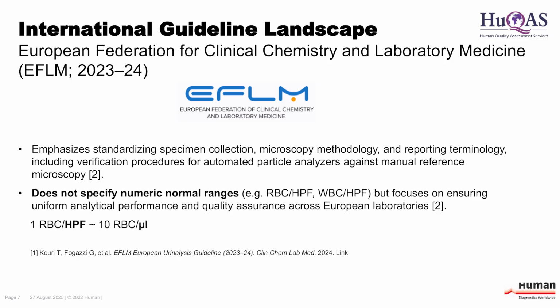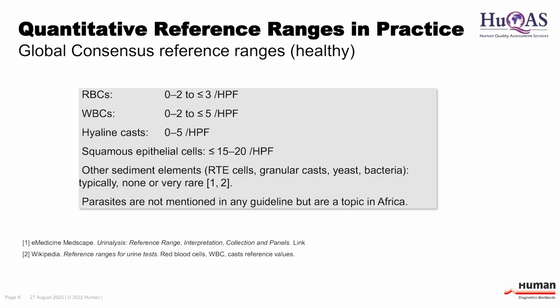So that means the patient has a disease. There is no recommendation for white blood cells, there is no recommendation for casts, crystals, and so on. So even the European guideline does not specify any normal ranges, reference ranges for the parameters we report on urine microscopy.